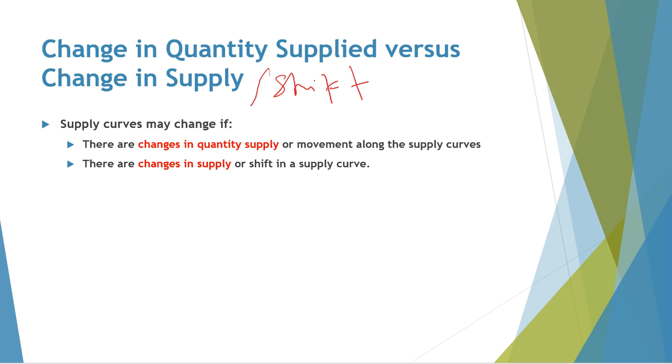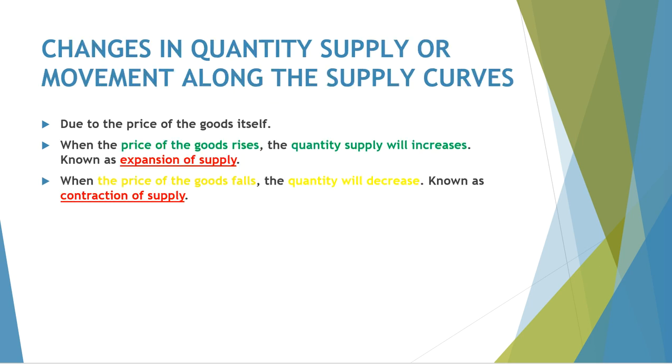First, changes in quantity supplied or movement along the supply curve. Second, changes in supply or shift in the supply curve. Changes in quantity supplied or movement along the supply curve are the same thing.